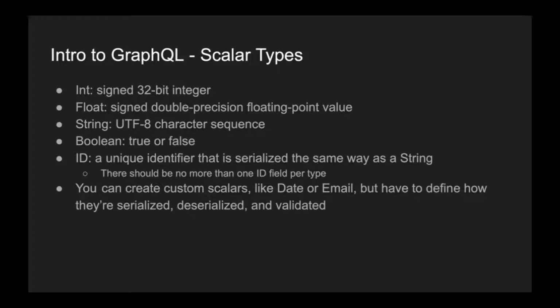The ID is kind of the outlier here. It's supposed to represent a unique identifier, but it's serialized the same way as a string. So if I had a certain type in GraphQL and I needed that to point to an ID of another type, then I could store that as a string, because IDs are serialized as strings.